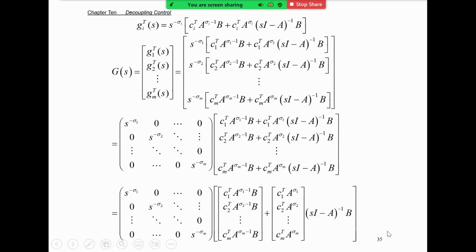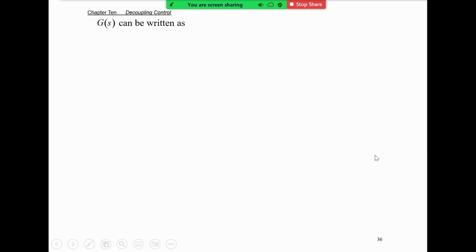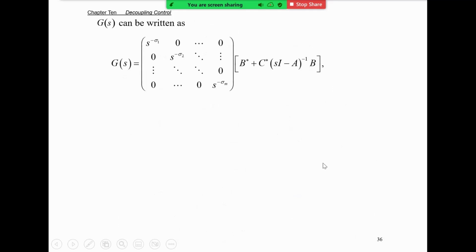So finally, this G, the open loop transfer function, can be written as this matrix, in terms of this diagonal matrix. Those diagonal terms are related to the relative degrees of this matrix. And then we introduce two matrices, this one and this one, B star and C star.